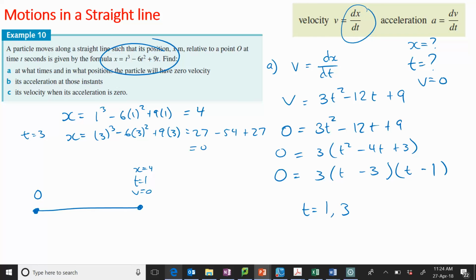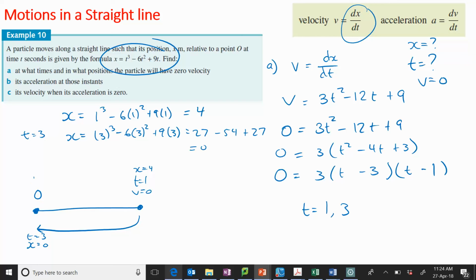Oh. What does that imply then? I'm going backwards. The only way to get 0 means that my displacement, or position relative to where I started, is that I went back to where I started. So that's why my position is 0 at t equals 3 seconds.